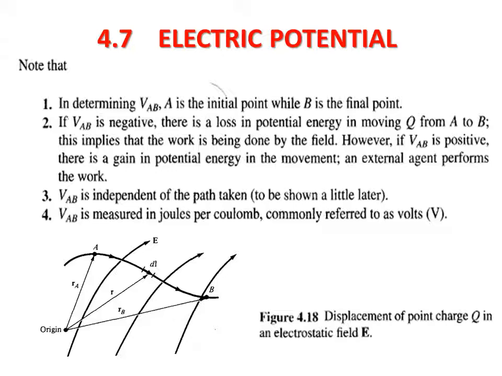However, if VAB is positive, there is a gain in potential energy in the movement. An external agent performs the work. VAB is independent of the path taken, as will be shown a little later. VAB is measured in joules per coulomb, commonly referred to as volts. This figure shows the electrical potential when we have a charged particle moving from point A to point B.